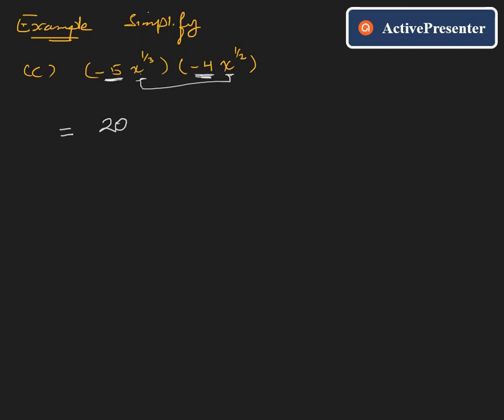And what about x to the power 1 over 3 plus half? This is eventually equal to 20 x to the power 2 plus 3 over 6. So it should be equal to 20 x to the power 5 over 6, and we are done.